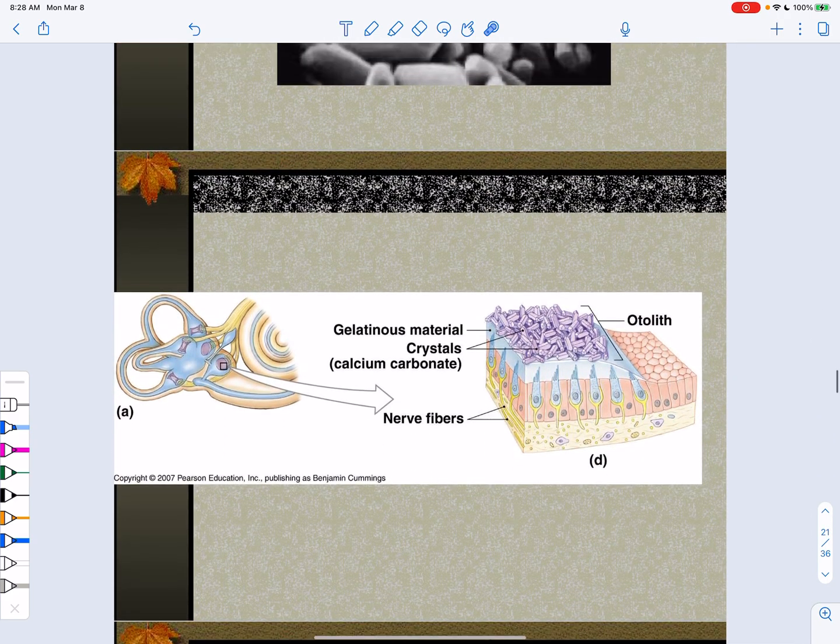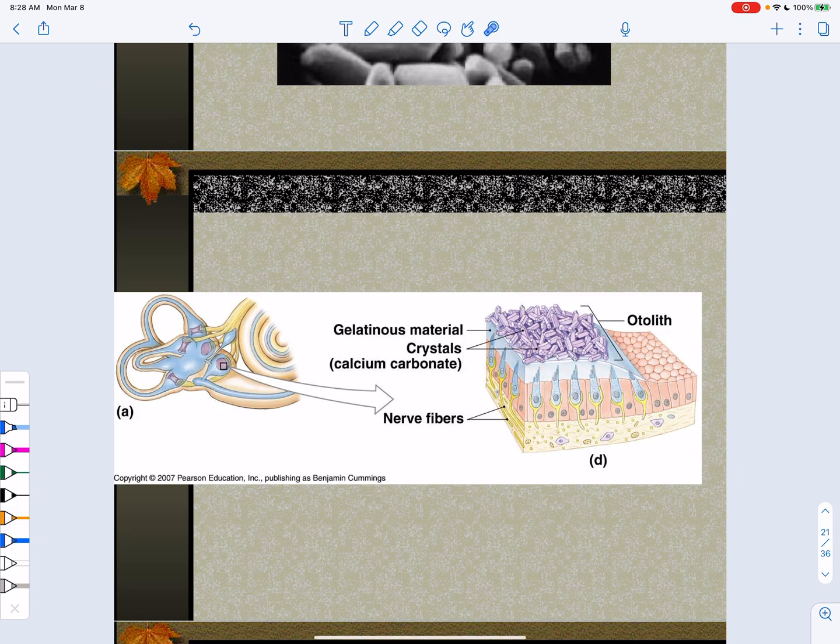And those crystals are going to be sitting on top of that gelatinous mucus-like layer, right? Similar to the tympanic membrane in the cochlea, okay? And then if you notice underneath here, we have these little hairs, and these little hairs are embedded in that gelatinous material.